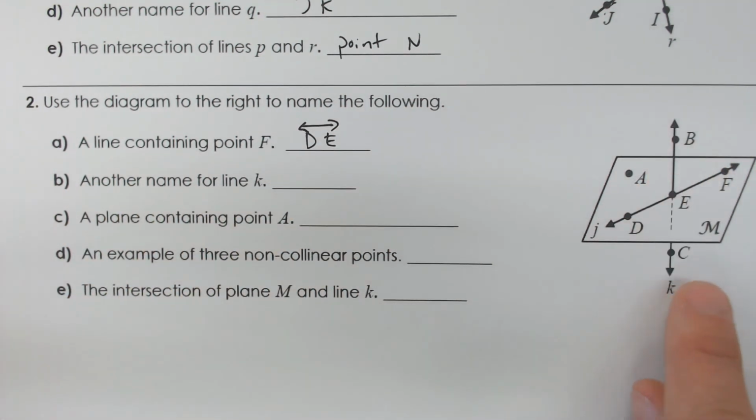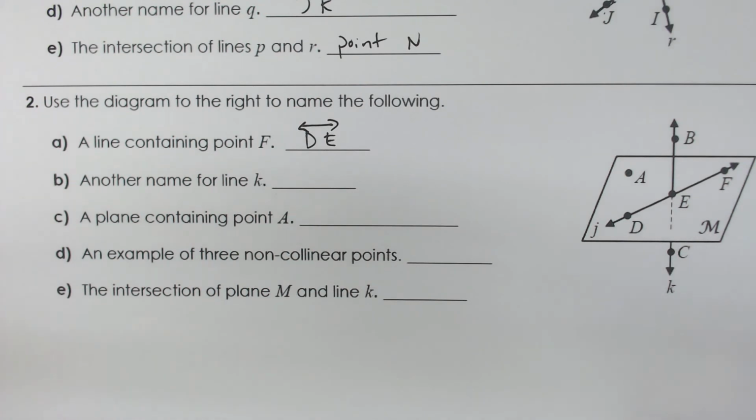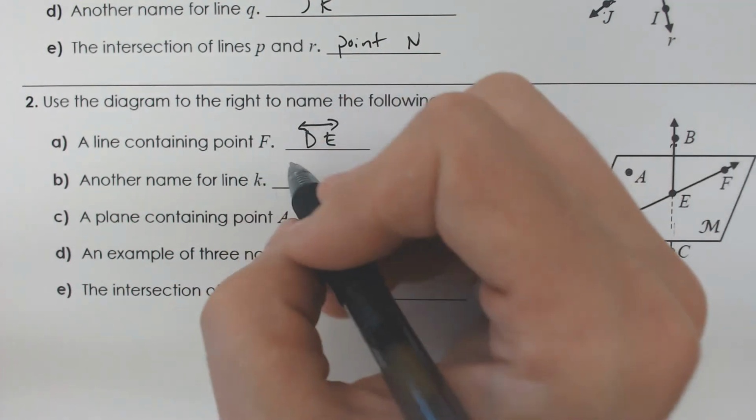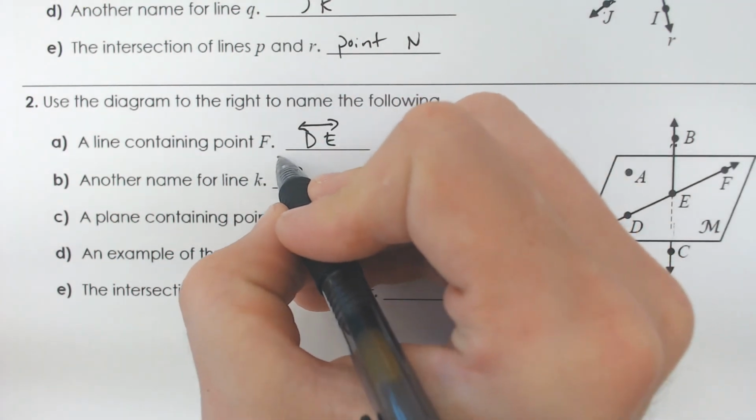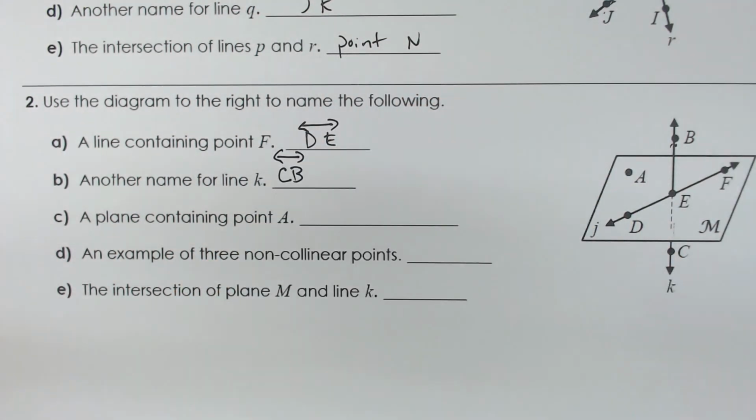Here is line K. They did that dotted thing right there because it's technically going through the plane and going underneath it. So that's why it's dotted there. It's kind of like it's hidden behind the piece of paper, which we call a plane. So another name for line K could be line BC or CB in either order. I'm going to make it C to B because that's just something different.